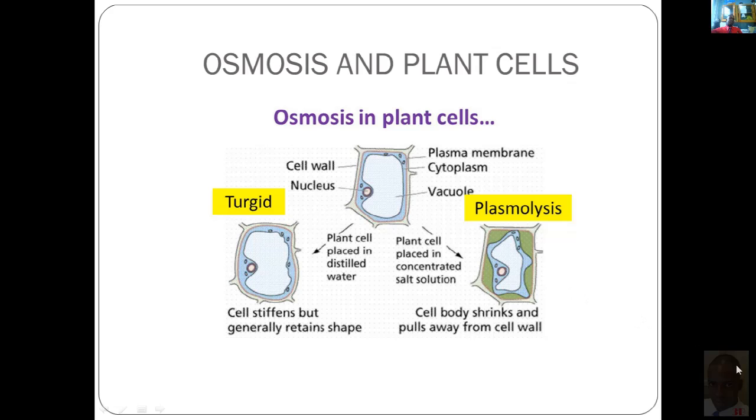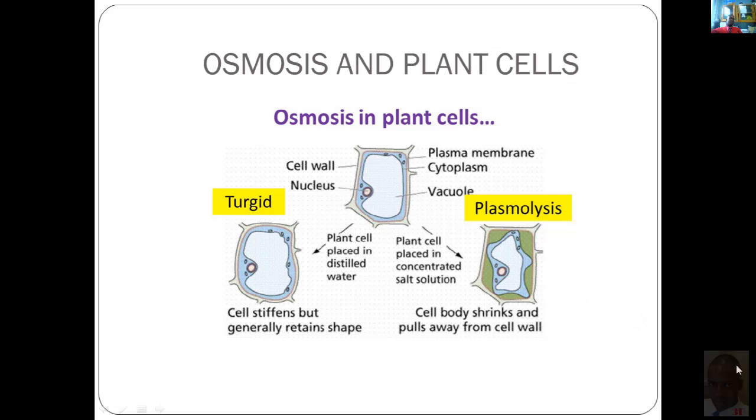I'm going to give you the terms. When the cell reaches this state where it is stiffened but generally retains its shape, we call that cell turgid, right?